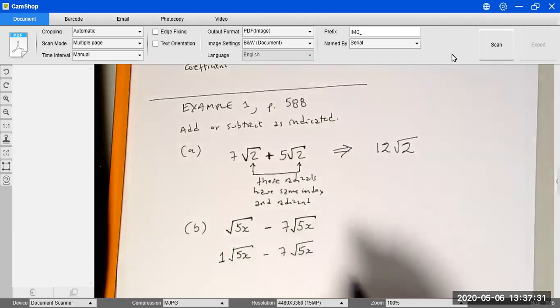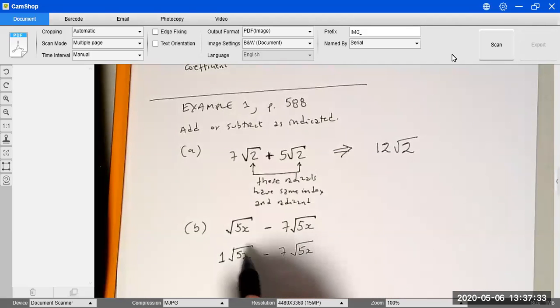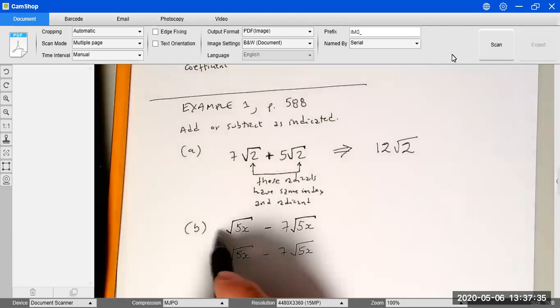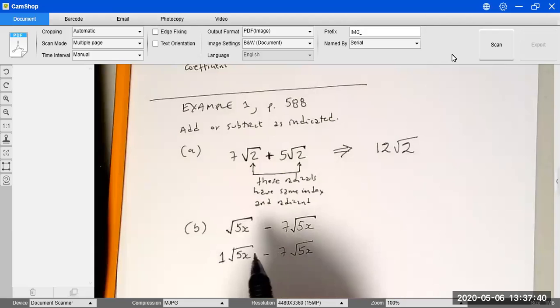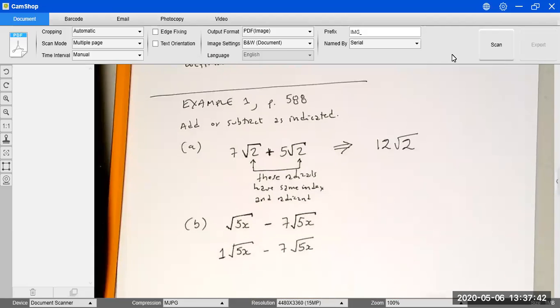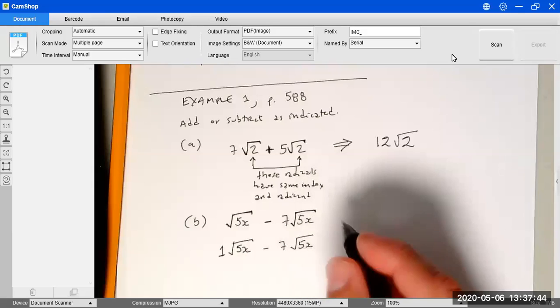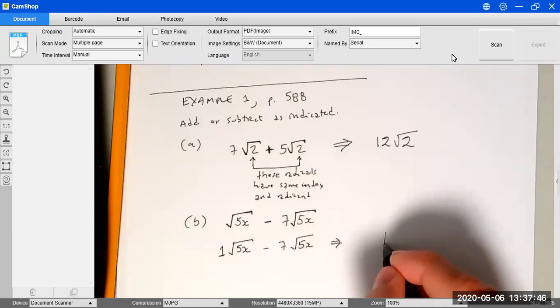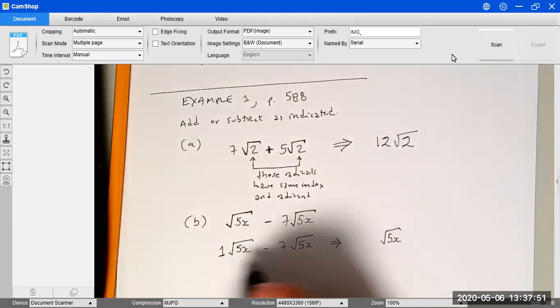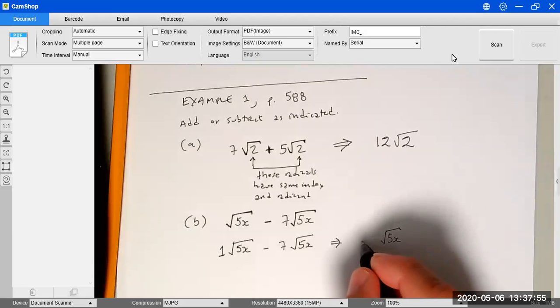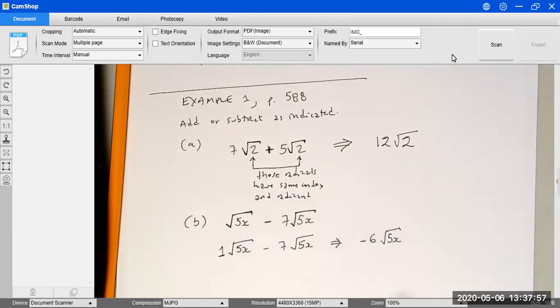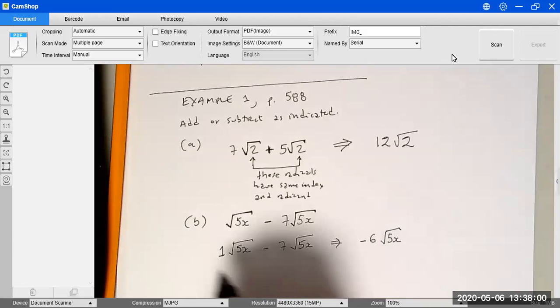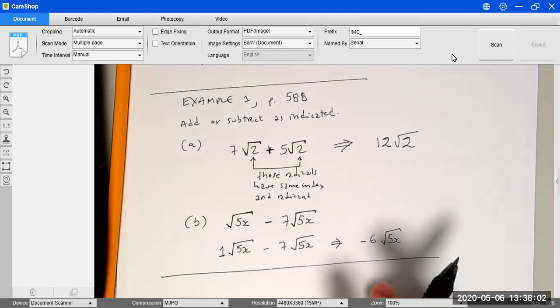You don't need to write it, but I'm doing it just for you to see that when you don't see a coefficient, that doesn't mean that there is no coefficient there. There is one, and the coefficient is precisely 1. So the radical is the square root of 5x, and you're going to combine the coefficients. You have 1 minus 7. You're going to get negative 6. That's the solution for example 1.